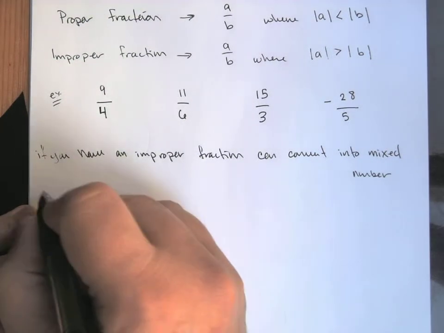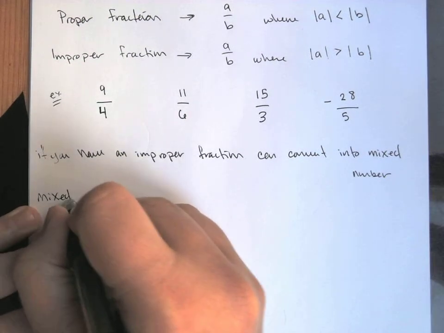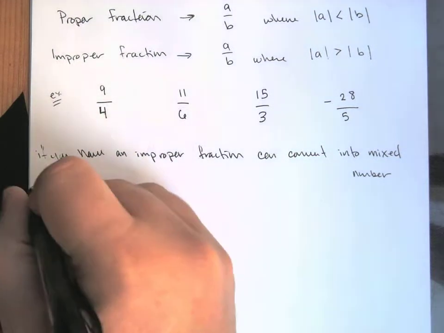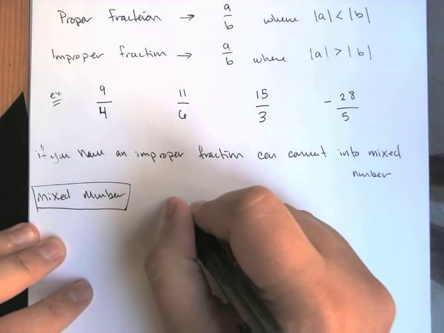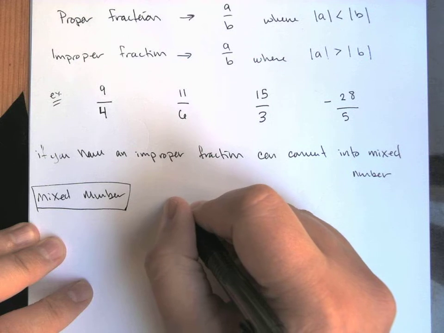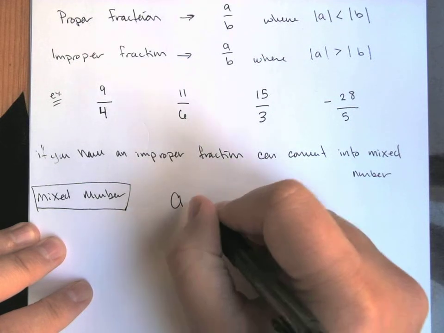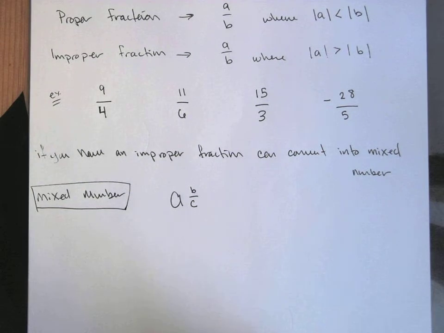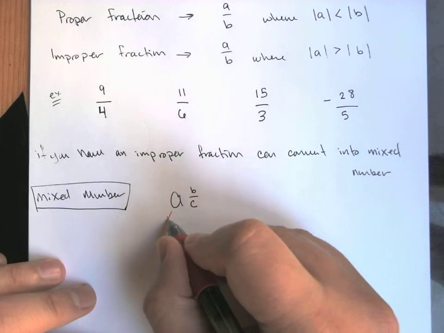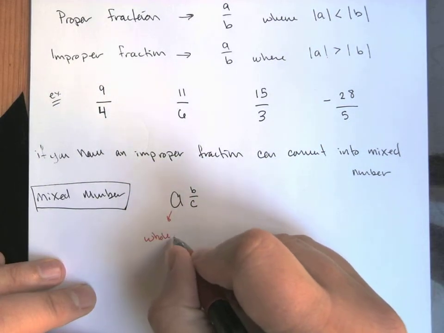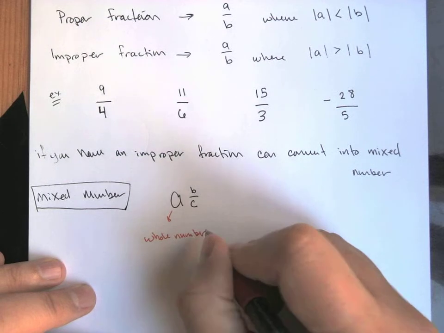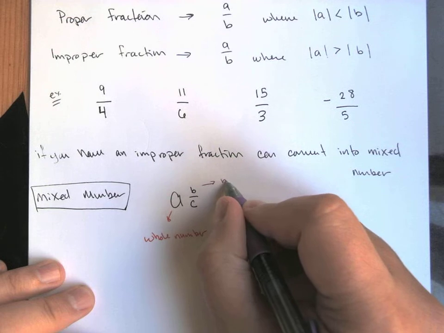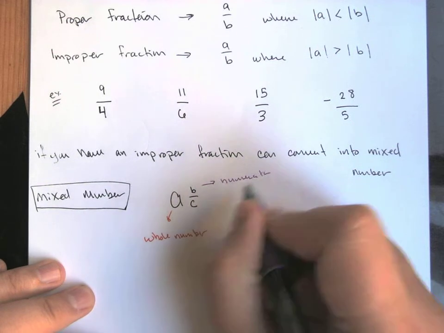So a mixed number would look like something like A and then B over C. What you have is a whole number out in front, and then we still have our classic fraction, numerator and denominator.